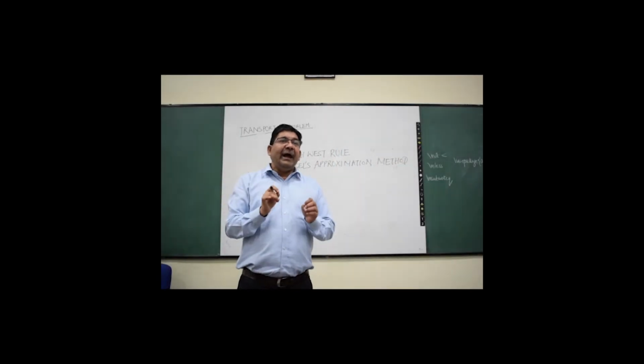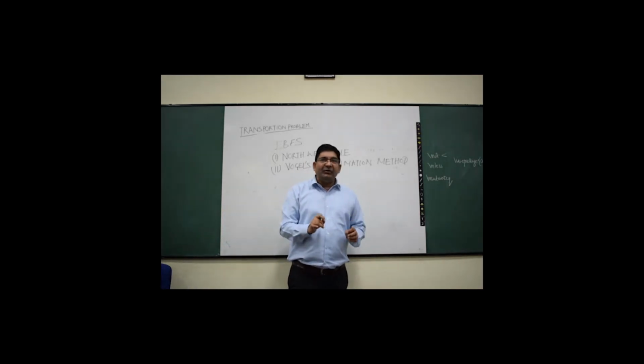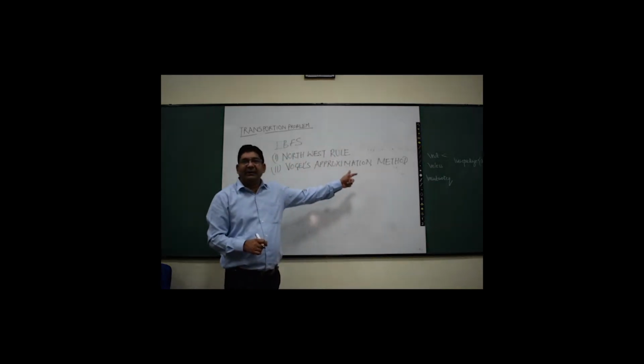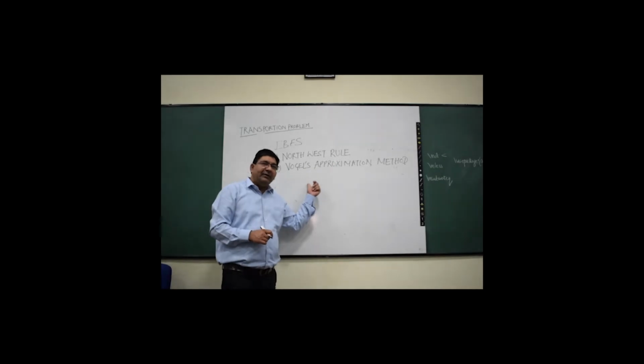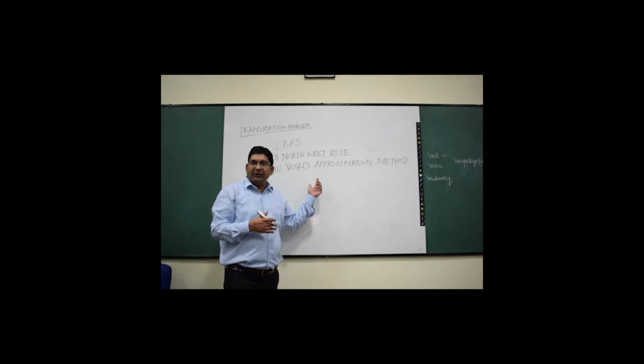Until and unless it is specified by which method we have to find the initial basic feasible solution, we always find it by Vogel's approximation method, because this method brings us more near to the optimal solution.